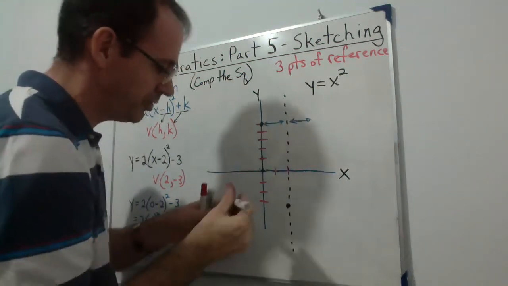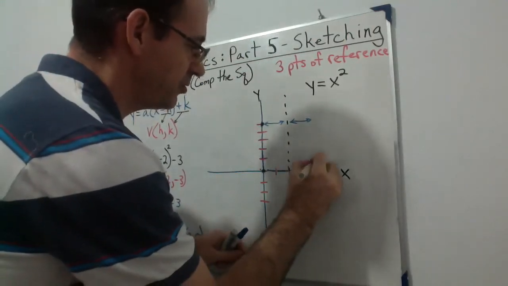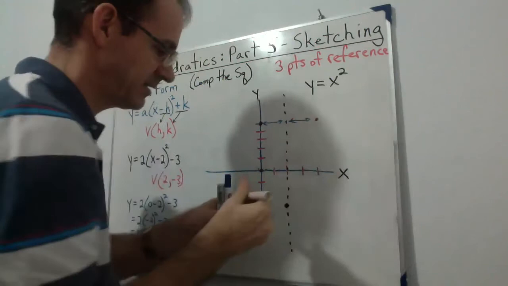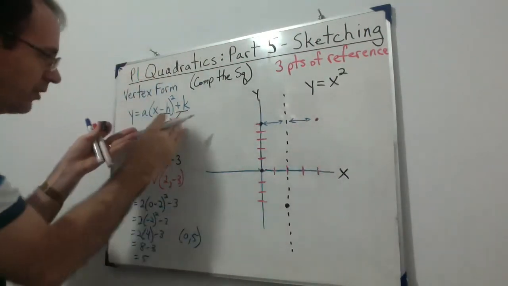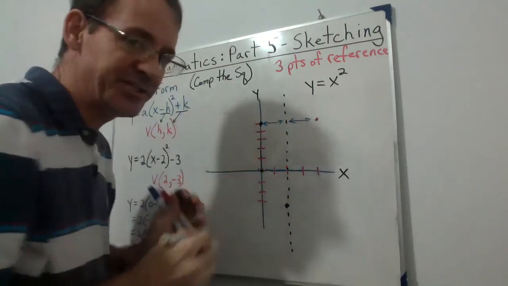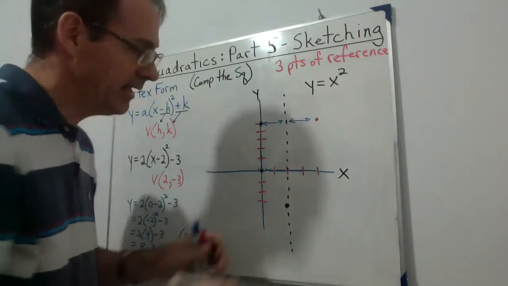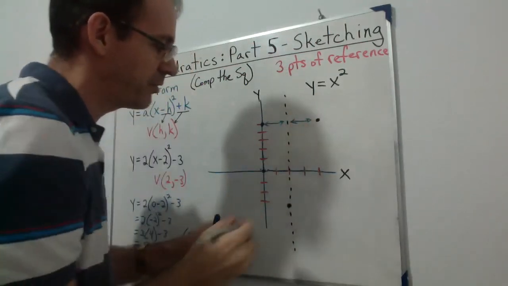So if we're 2 units away on this side, then we're also 2 units away on that side. So we used our vertex, which was already in the form. We picked an intelligent point for plotting. Then we used our property of symmetry to find the third point.